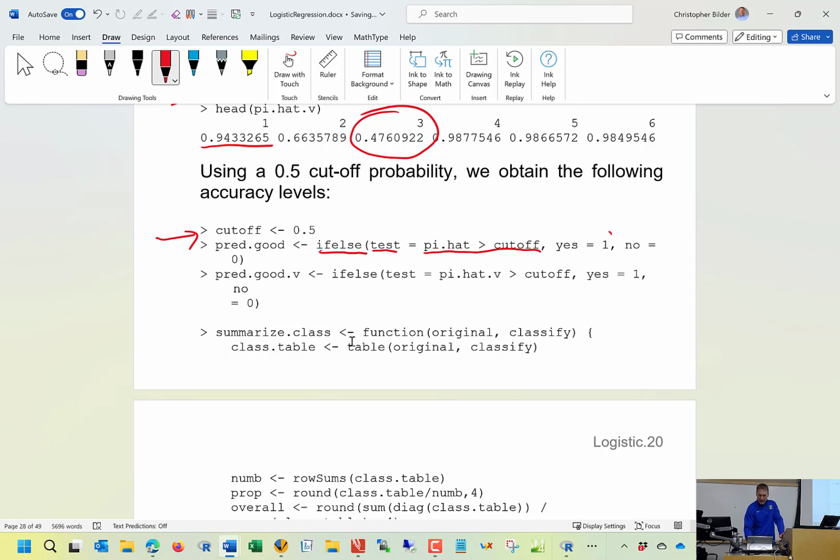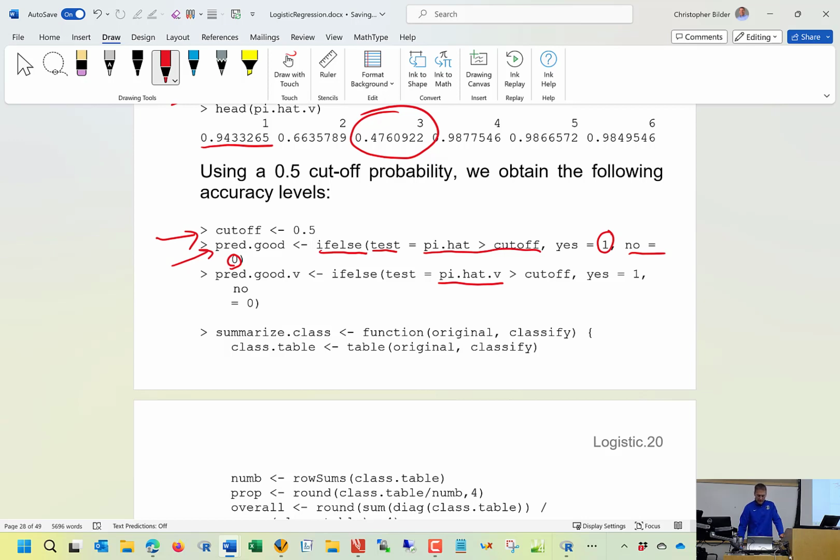If the answer is yes, assign that particular observation a value of 1. If it's not, I'll assign it a value of 0. I'm going to put this into an object called pred.good, meaning I'm predicting whether it is good or not. I can do exactly the same thing with my validation data set as well.